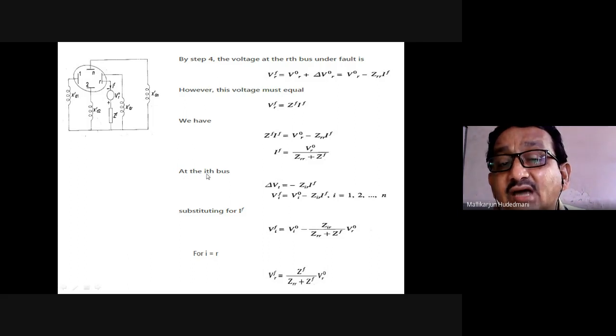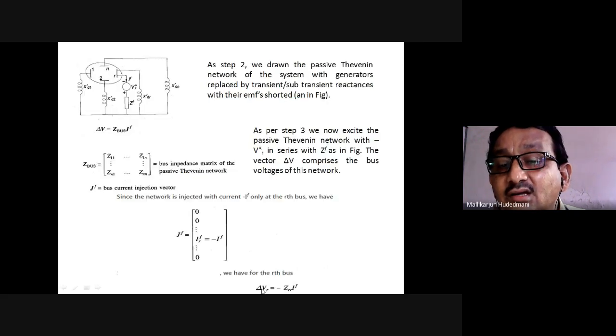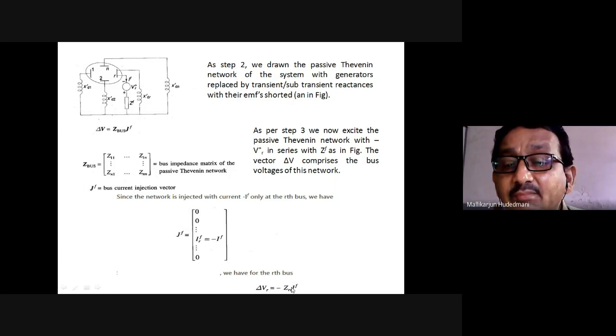For any bus i, delta Vi, like delta Vr, is one of the possible rows of the delta V column vector that I picked up. Likewise, delta Vi is one of the possible occurrences of delta V. Delta Vi is similarly equal to minus ZIR IF.